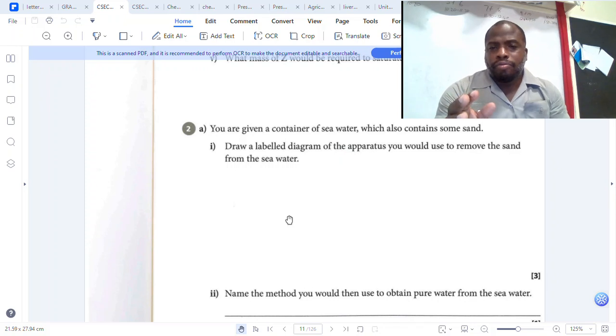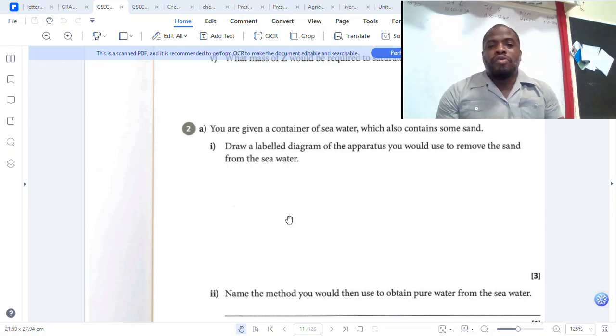Now we know that the seawater has salt that is dissolved in it, while the sand retains its property, and the sand will not be able to be dissolved in the seawater, right?